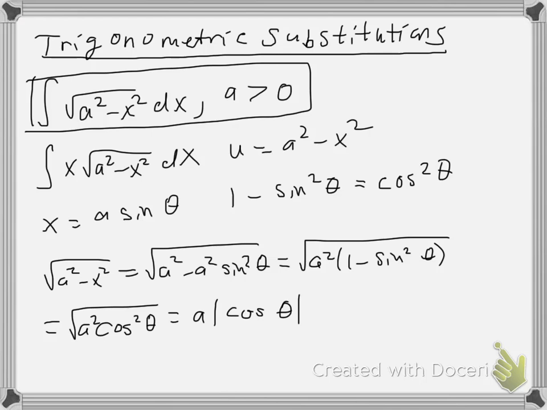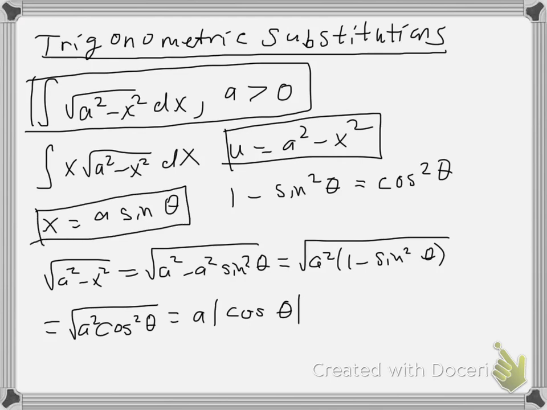Notice the difference between the substitution of u equals a squared minus x squared, in which the new variable is a function of the old one, and the substitution that x equals a sine of theta. The old variable is a function of the new one. In general, we make a substitution of the form x equals g of t by using the substitution rule, but backwards.